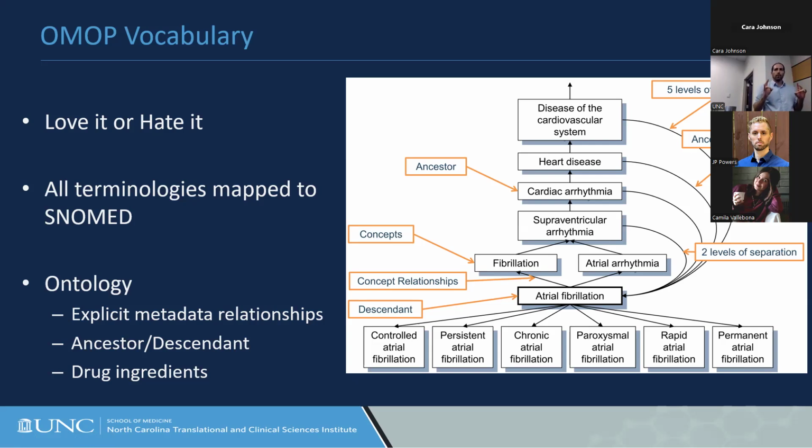And so from the pure information organizational standpoint, the fact that it is an ontology means that there is a lot of data about the codes and the terminology itself included in the actual data set of the vocabulary. So for instance, this that I have up is a diagnosis visual example that OMOP itself provides.